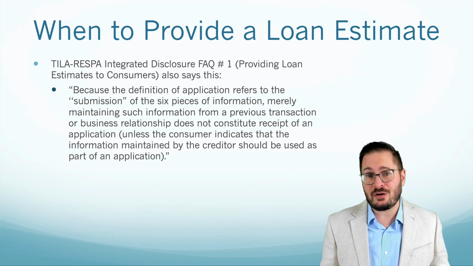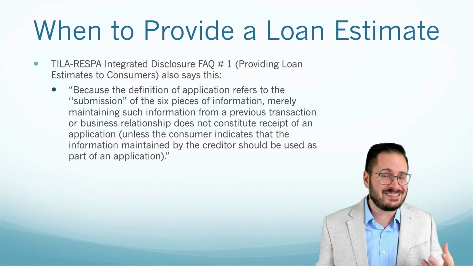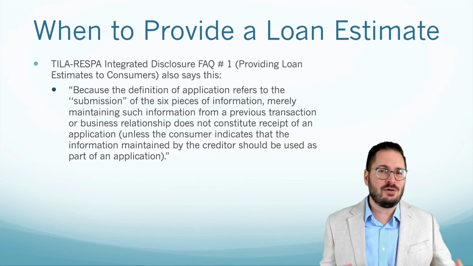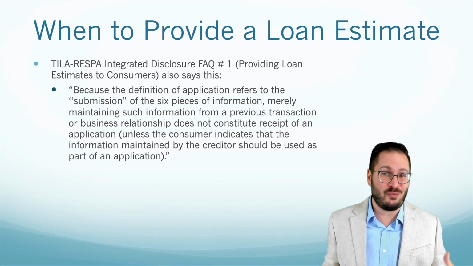Now, there is an interesting question that often pops up, and it relates to what happens if a consumer fills out an online portal and puts information there but doesn't hit the submit button. What do we do?